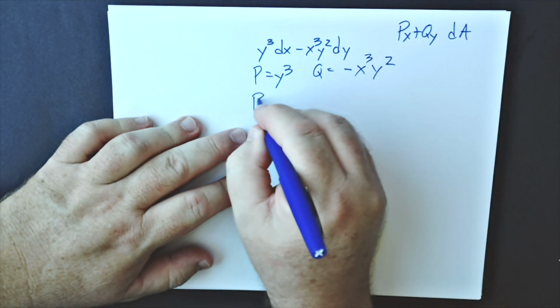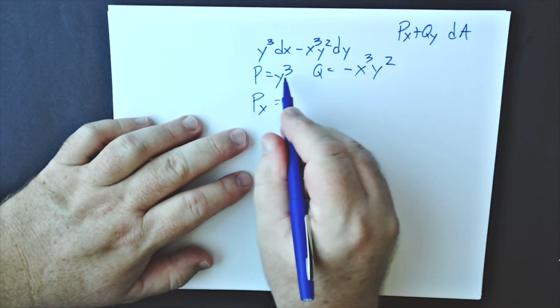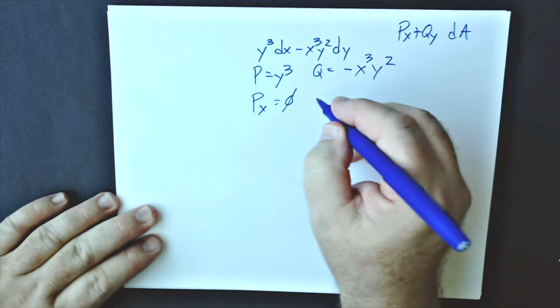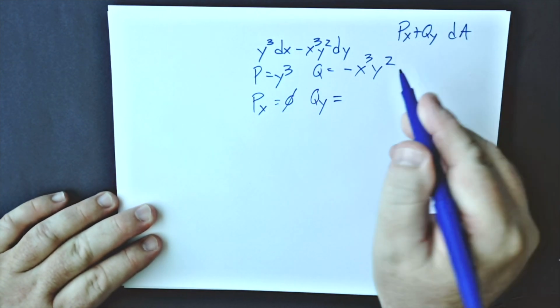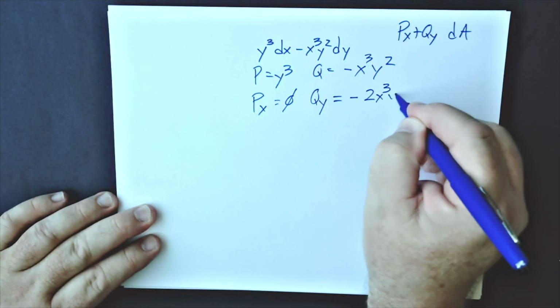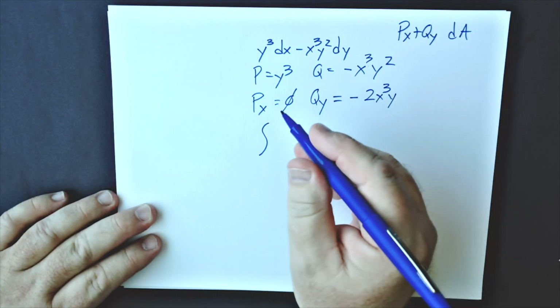And then P sub x. Whoa, this is just a number, so P sub x is just 0. And Q with respect to y, well, it looks like I'm going to have negative 2x cubed y. So when I combine those together, I'm just going to integrate.